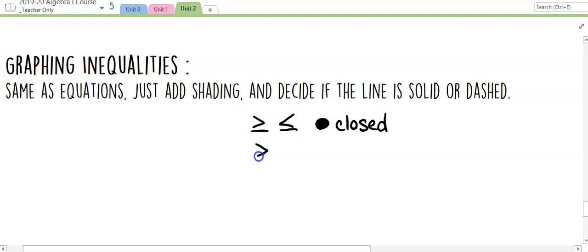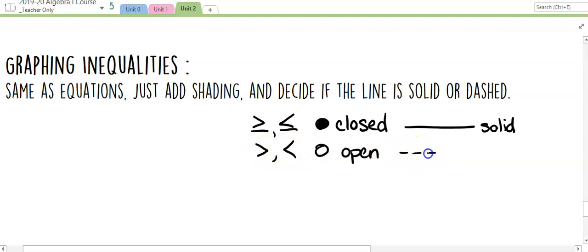And if it was strictly greater than or strictly less than, we used an open dot when we were graphing on a number line. The same thing is going to be true. If it's greater than or equal to, less than or equal to, we're going to use a solid line. And if it's strictly greater than or strictly less than, we're going to use a dashed or open line.